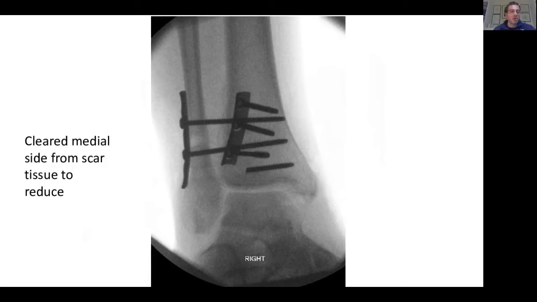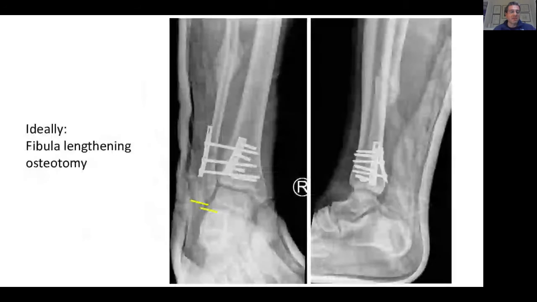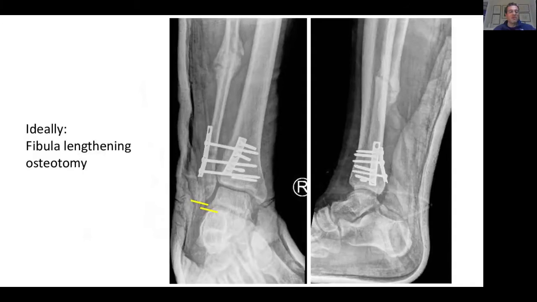Then we could reduce it and did that fixation, and he was due to leave the UK and go to Spain to carry on with his Erasmus program. I don't know what happened to the patient, but I would say that ideally, if it was a sort of elective case, one should have done a fibula lengthening osteotomy to get the fibula out to length and make sure the patient will not run into problems in the future.